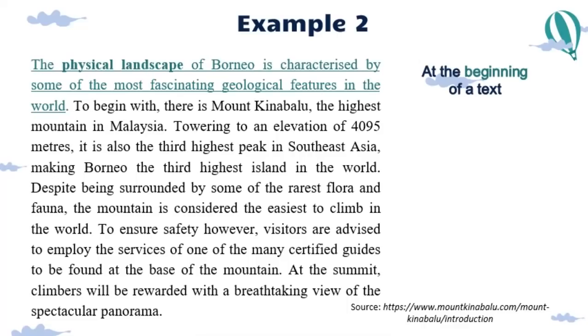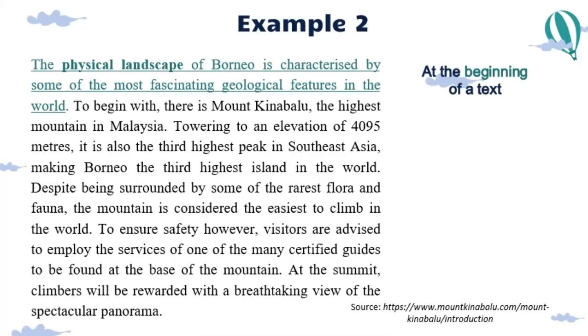The physical landscape of Borneo is characterized by some of the most fascinating geological features in the world. To begin with, there is Mount Kinabalu, the highest mountain in Malaysia. Towering to an elevation of 4,095 meters, it is also the third highest peak in Southeast Asia, making Borneo the third highest island in the world.